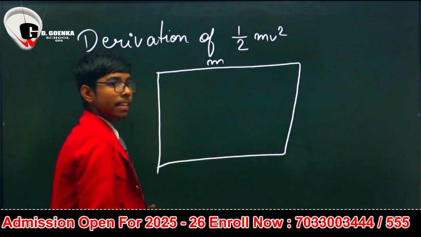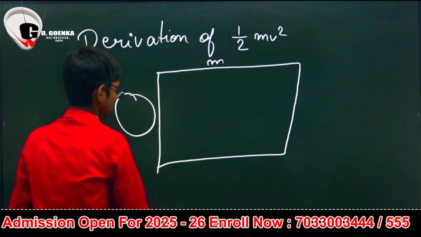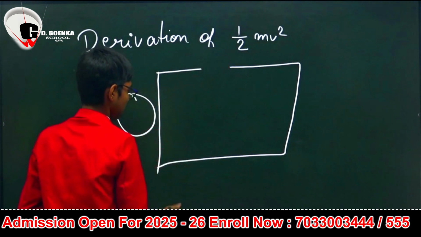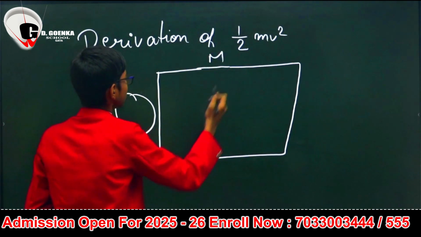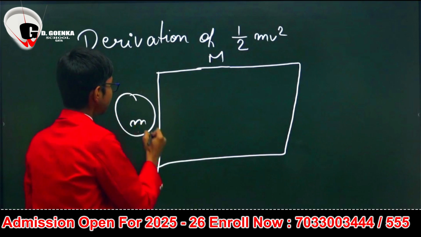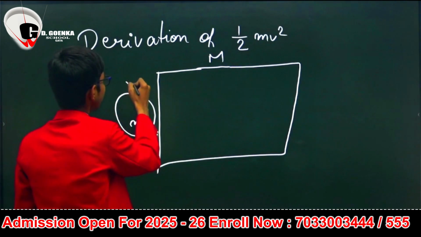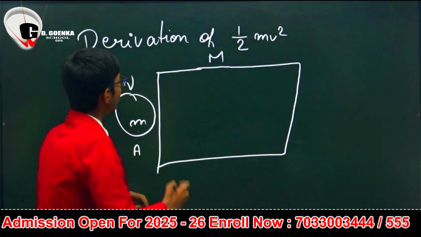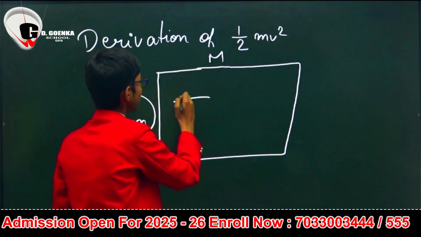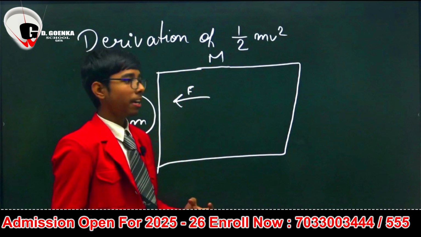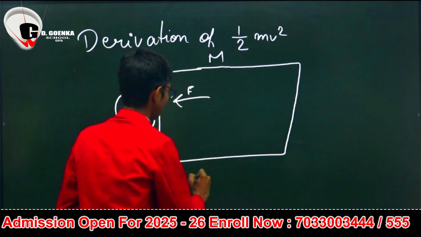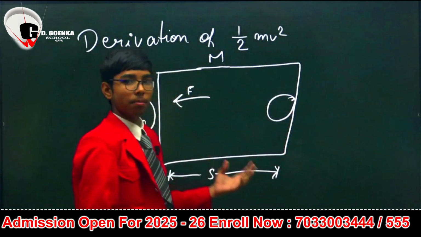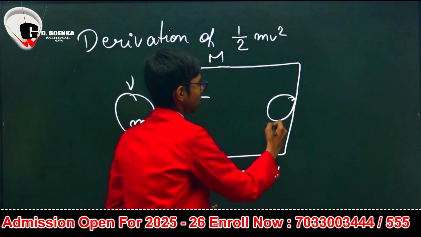Let us suppose this medium as M, and a ball of mass m, and it starts moving with the initial velocity v from point A. When it enters the medium M, a force is applied opposing it, due to which retardation happens, and it covers the distance s and comes to the final place, and the final velocity becomes 0.